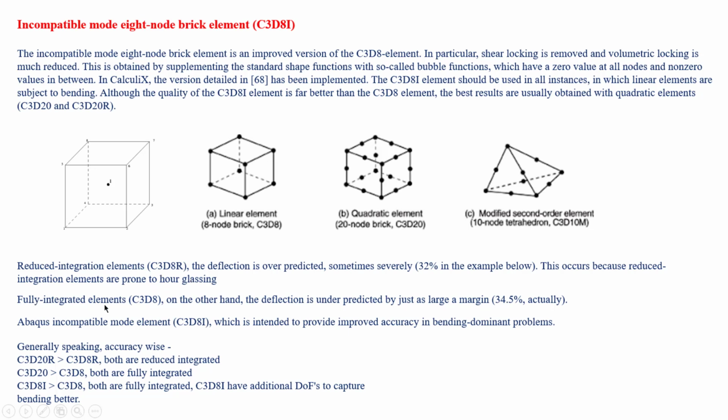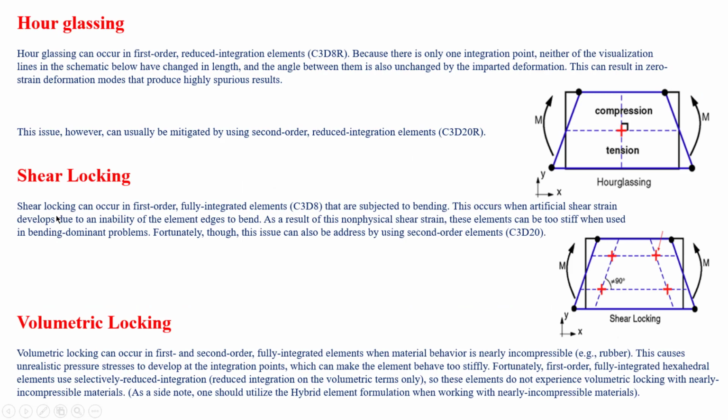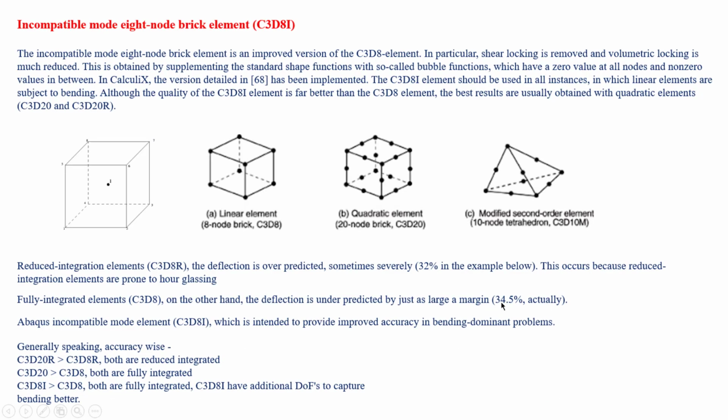With fully integrated C3D8, the first order element, you will face shear locking, and there you have a 34.5% deflection, which is too much. To avoid this, we have the incompatible mode C3D8I, where improved accuracy is taken into account for bending dominant problems. When it comes to bending moment, remember that.